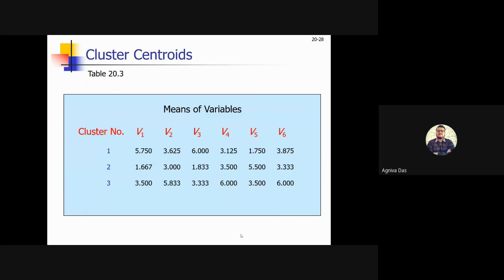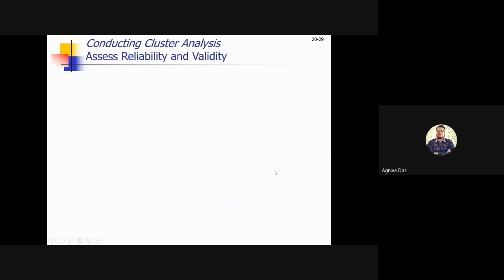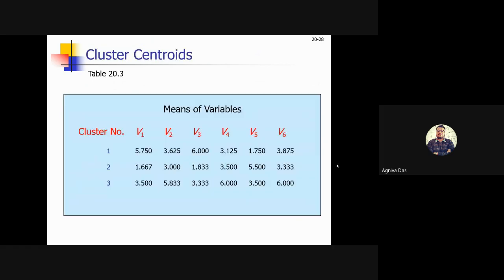In cluster number one, the mean is 5.75, cluster two 1.67, cluster three 3.5, and in the sixth one, cluster one 3.85, cluster two 3.33, and cluster three 6.